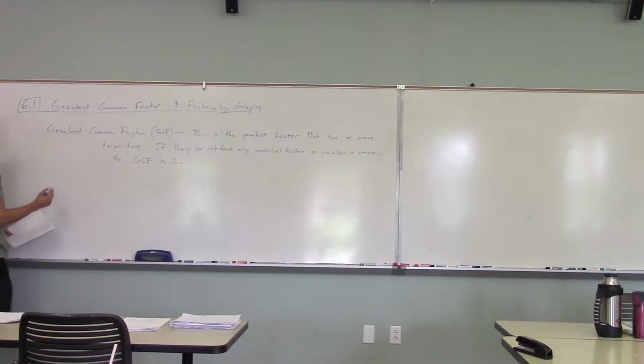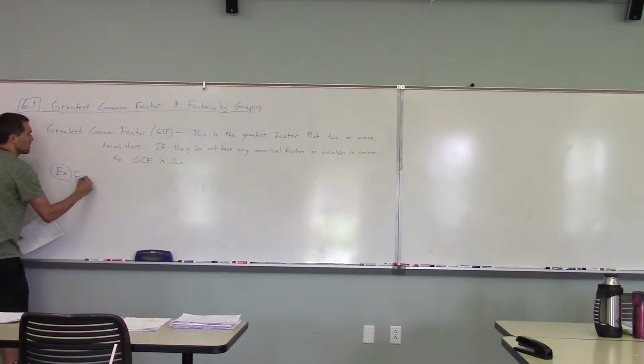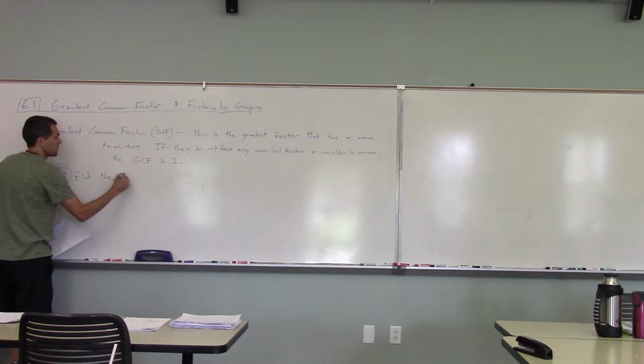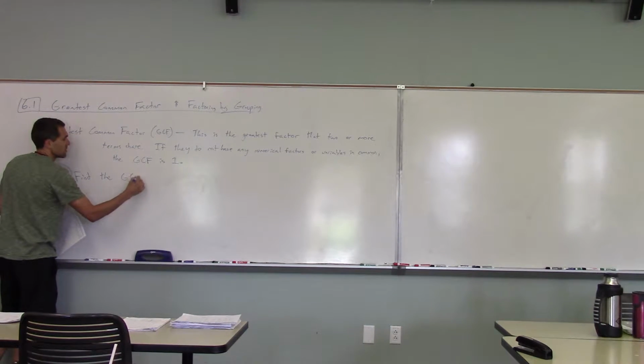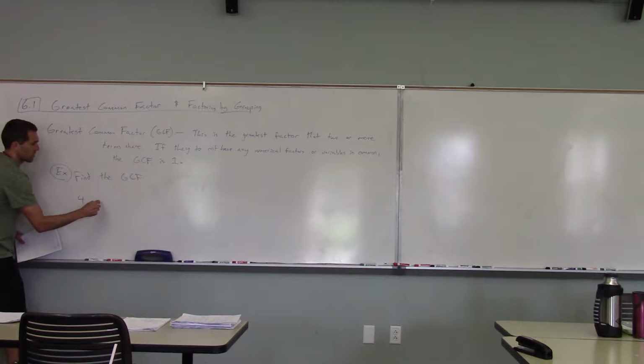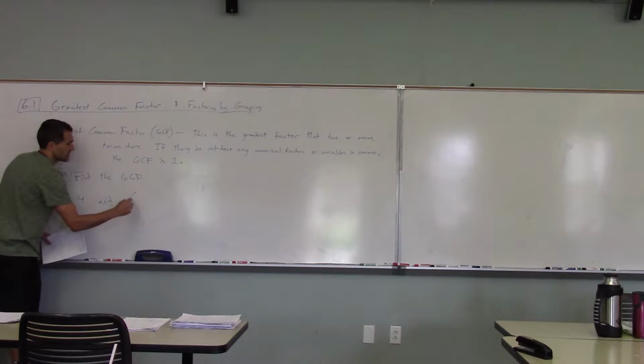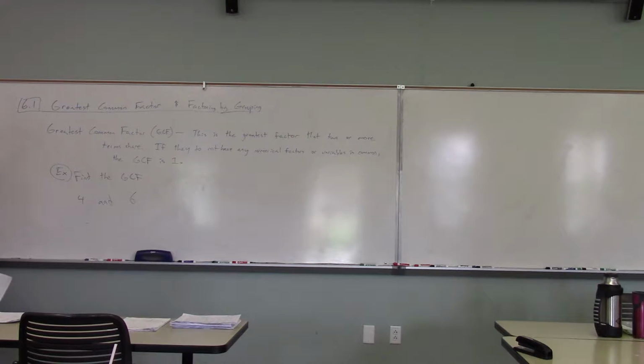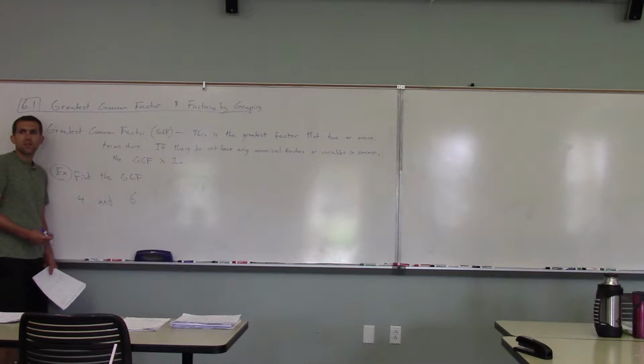Okay, so some examples. Find the GCF. There's no number next to these because they're not book problems, but 4 and 6, right? So the way you would do this is you would first write the prime factorization.